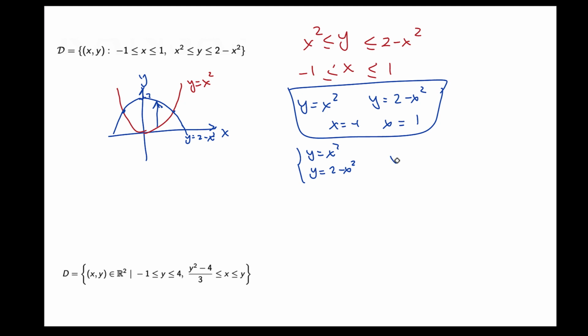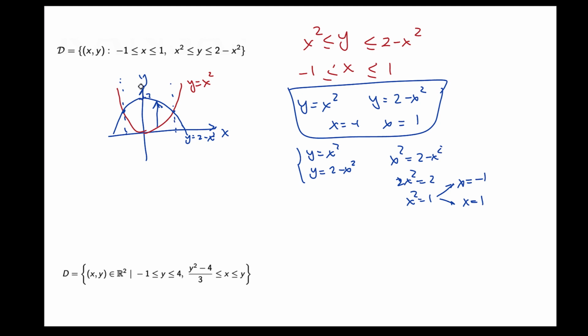That gives me x squared is equal to 2 minus x squared, or 2x squared is equal to 2, or x squared is equal to 1, which gives me x equal to -1 and x equal to 1. Going back to the bounds, I see that x equal to -1 and x equal to 1 were mentioned, so they were thinking to cut off not further than that. So the inequality can be defined.